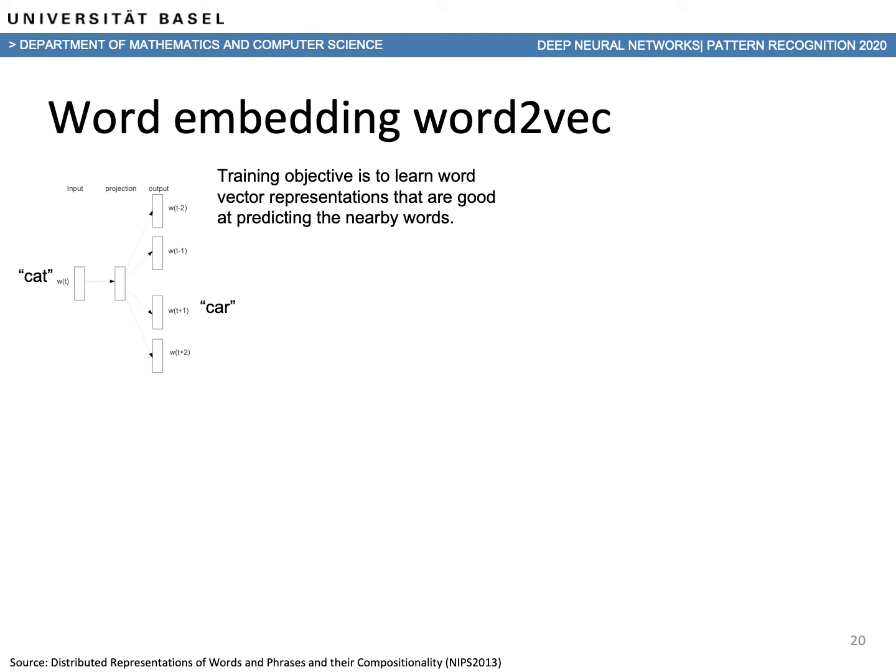So what we're actually computing here is the conditional probability of car, given that we have cat. So how close is car to cat in a dictionary?